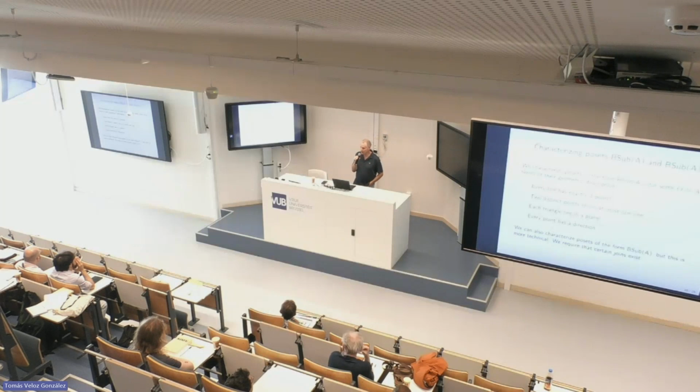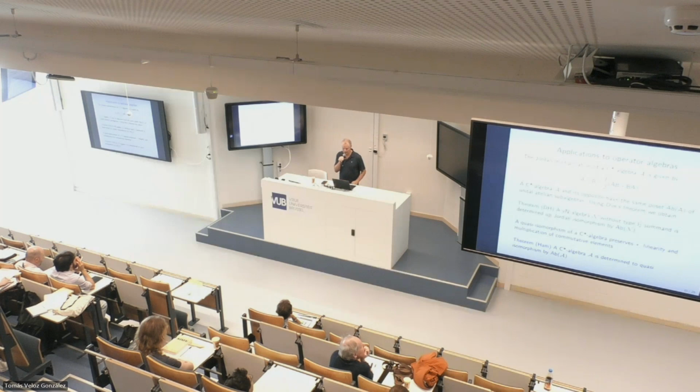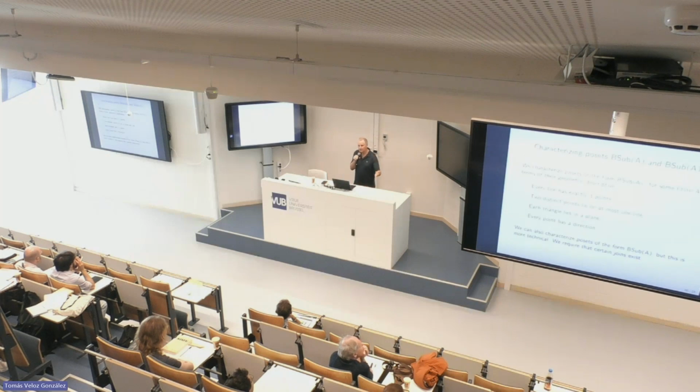So I have a bunch of points and a bunch of lines, like in projective geometry, that 2 distinct points lie on at most one line, that each triangle, so a triangle is 3 lines that pairwise intersect, lies in a plane, and crucially that every point has a direction. And if you have that, that is one of these guys for some orthomodular poset A. You can also characterize the bigger guys, but it's a little bit more cumbersome, and I won't take the time to do that.